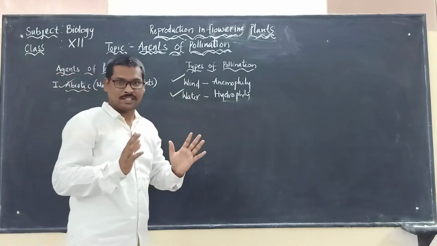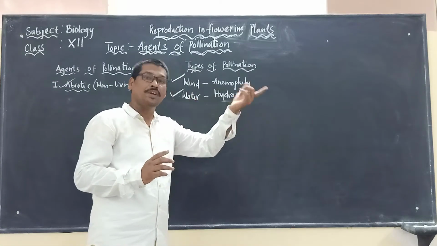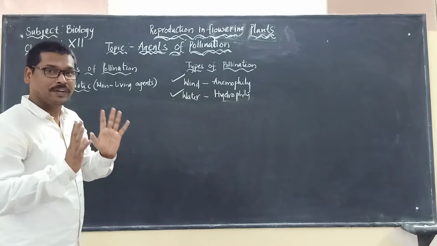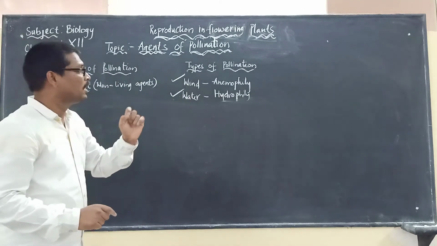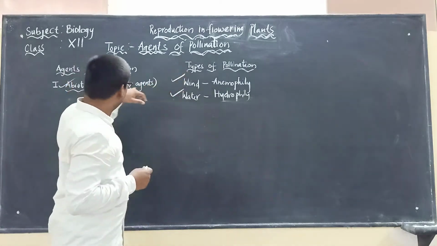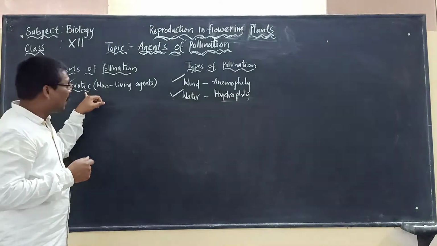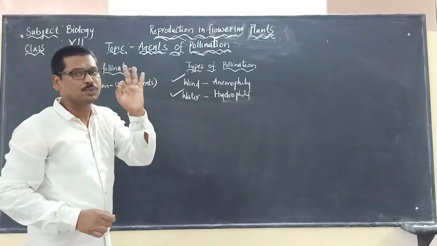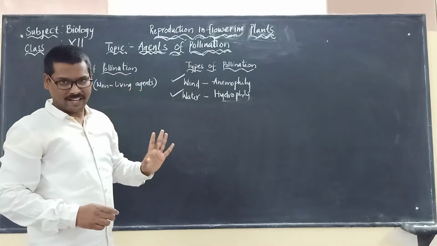The majority of plants go for biotic agents for pollination. So wind and water pollination take place very little in plants.